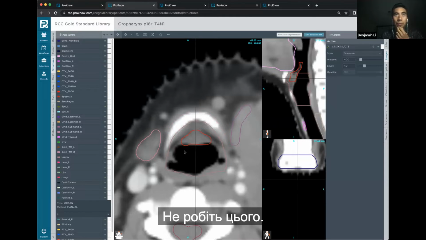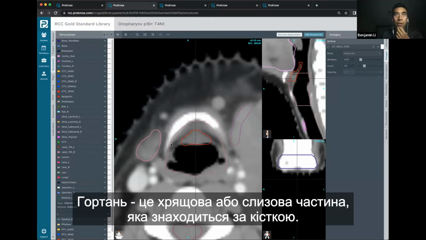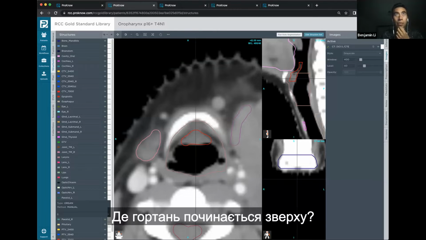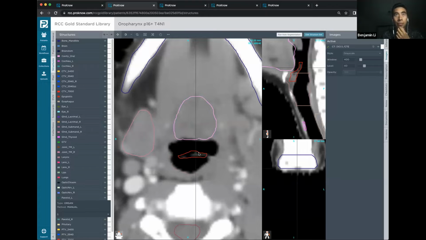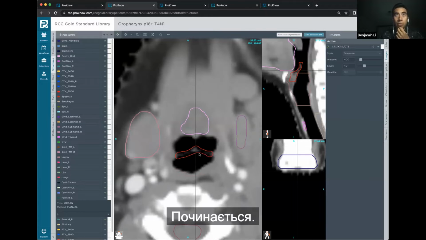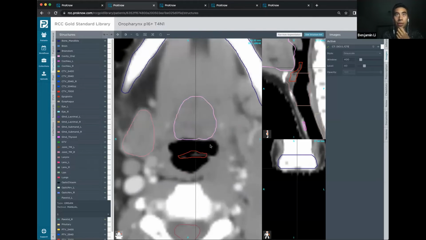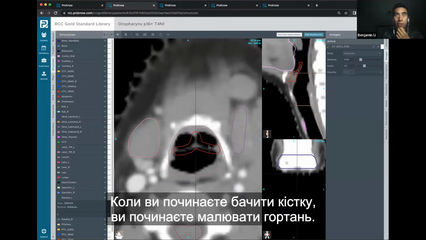Do not do that. The larynx is the cartilaginous part, or the mucosal part that sits behind the bone. Where does the larynx start superiorly? It starts when you start to see the bone. So that's pretty straightforward. When you start to see the bone, that's when you start to draw the larynx.